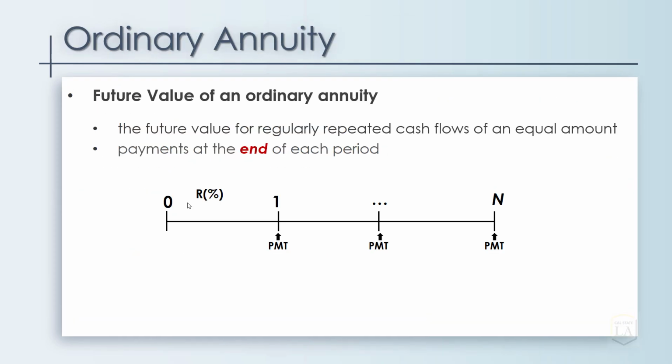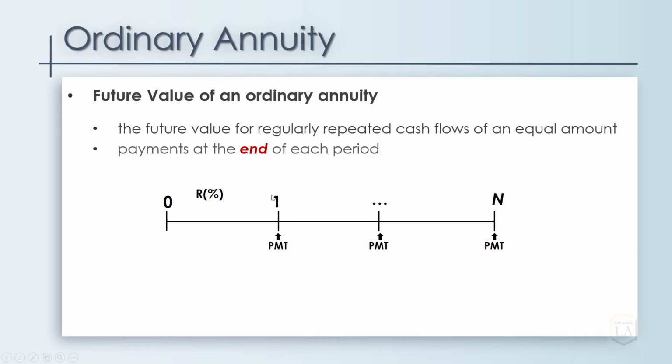So let's take a look at ordinary annuities and annuities due in depth. First of all, the future value of an ordinary annuity. We are trying to compute the future value of regularly repeated cash flows of an equal amount, with the payments being made at the end of each period.